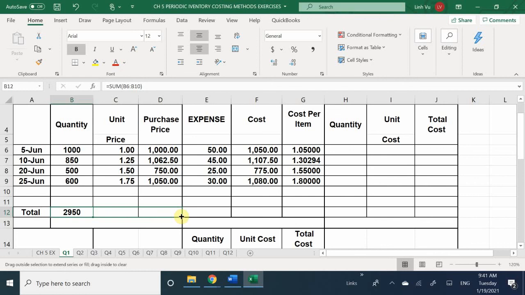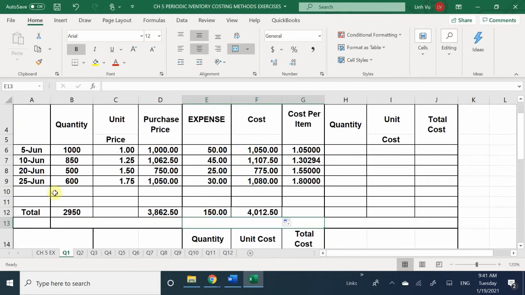Is it 3862.50? Yeah. 3862.50. Good. Okay. What is my total freight cost? 150. Okay. And then what is my total cost going to be? 4,012.50. Good.